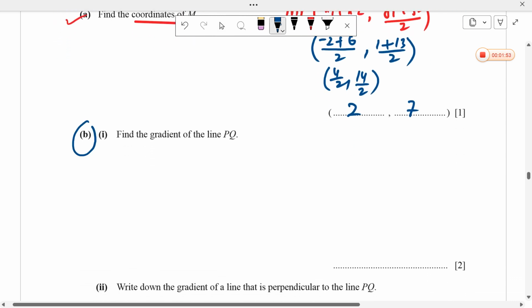Now part 3. Find the gradient of the line PQ. It's quite simple. The formula of gradient is m is equal to y2 minus y1 divided by x2 minus x1.